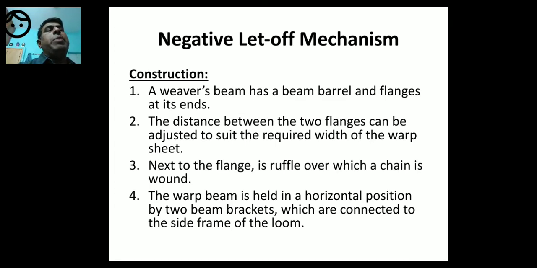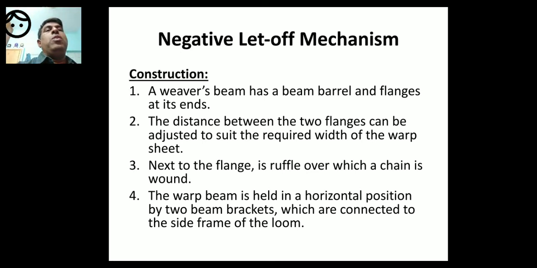Second point, the distance between the two flanges can be adjusted to suit the required width of the warp sheet.